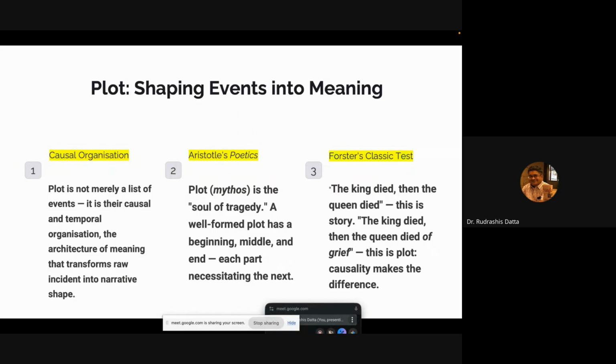So therefore, a plot will have a causal relationship. Why did you reach your office late? Because it was raining. You're telling it within the sentence itself. Now, Aristotle, we will study Aristotle later, defined a plot as the soul of tragedy, where he said that a well-formed plot has a beginning, a middle, and an end.